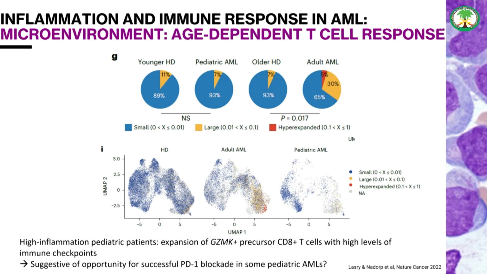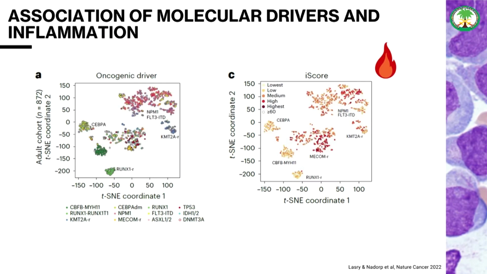We know that there is an age-dependent cell response, so we see a little bit of different microenvironmental shifts if we look at pediatric patients compared to adult patients. So there is a component, but the general principle of inflammation is the same in our patients if we talk about pediatric versus adults. So what about this I-score?